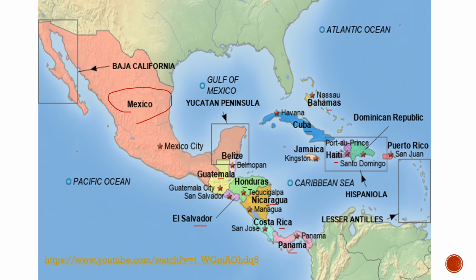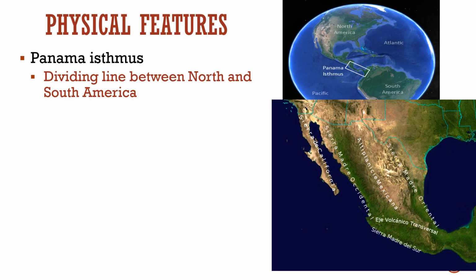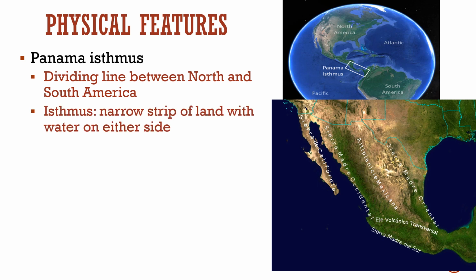And just a video here that kind of explores some of those physical features and some of what this area has to offer. So again, spending a good bit of time here talking about the physical features. So first of all, Panama is an isthmus, so that's kind of a geological term here, but it essentially is the dividing line between North and South America.